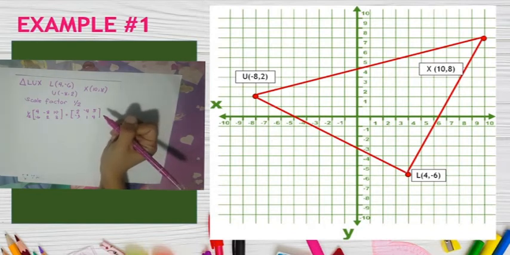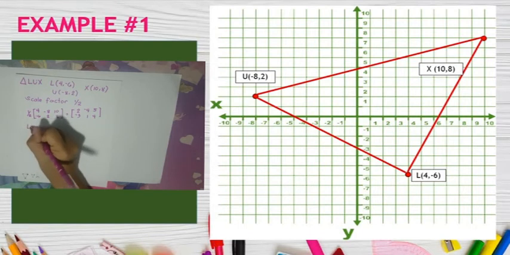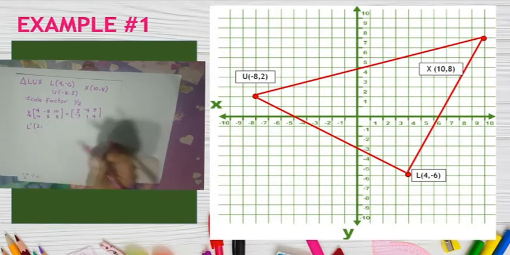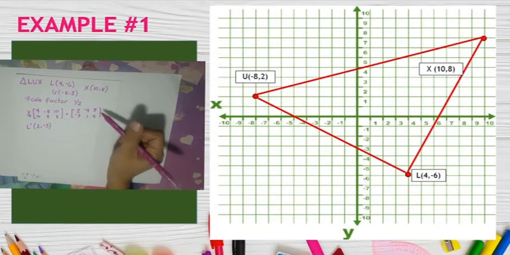So let's start writing this new matrix into their respective coordinate form. So let's have here L prime, which is 2 and negative 3. By the way, don't forget that the first row stands for the coordinates x, and the second row stands for the coordinates y.